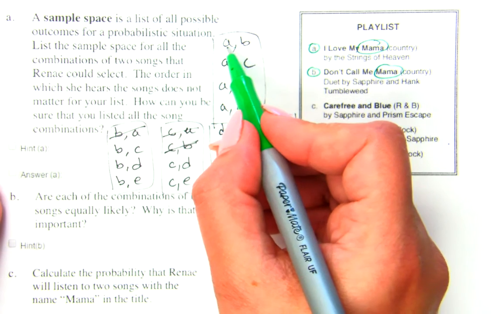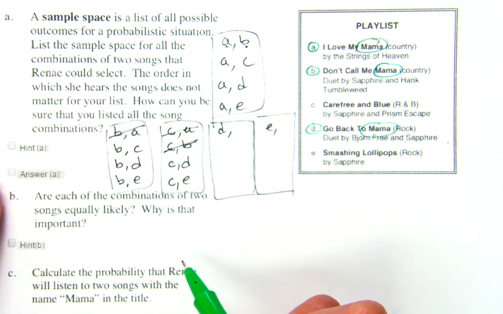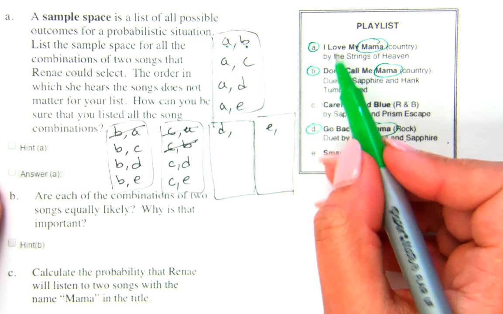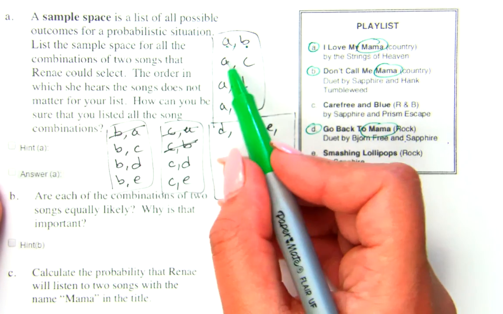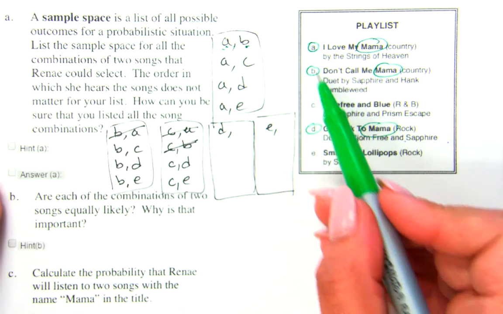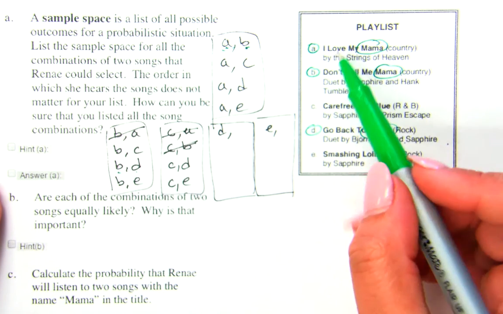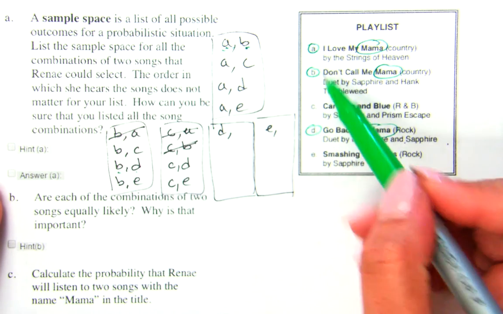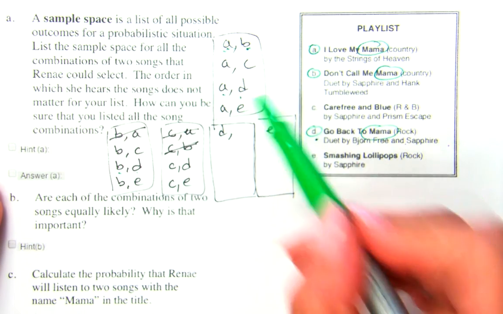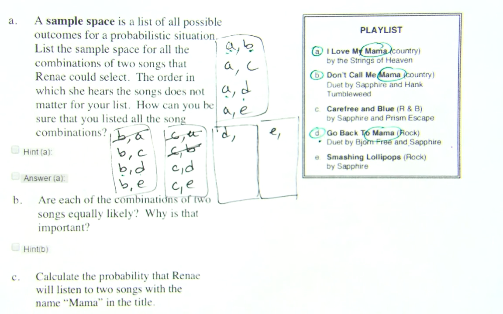So for example, A and B, that would be one possibility, right? A and B would be one possibility. A B and D would be another possibility. But then you have B and D. What about A and D? That's another possibility.